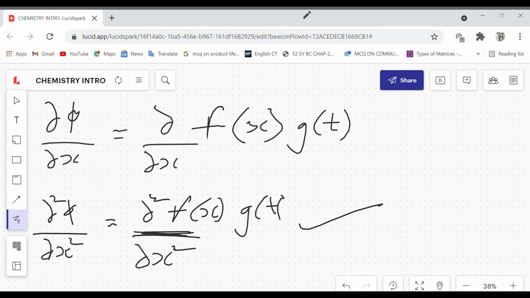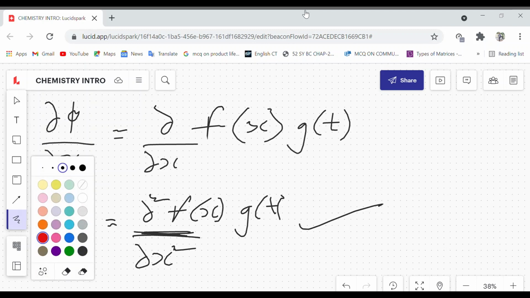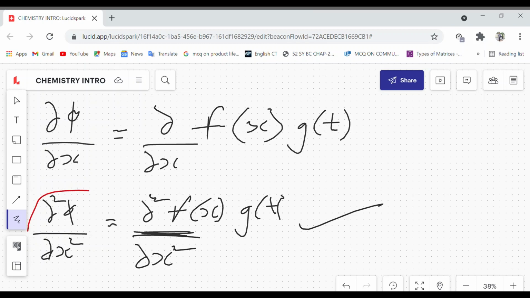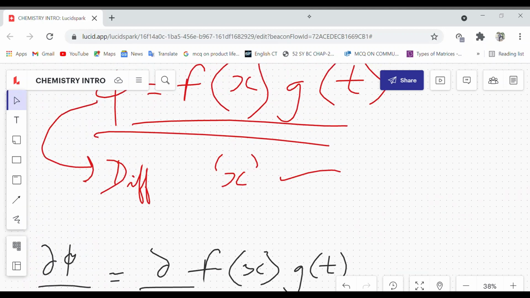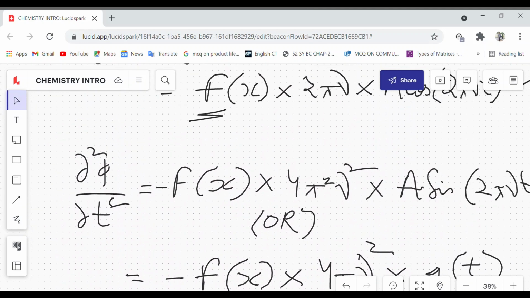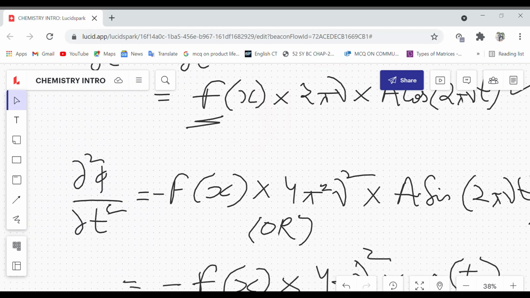Now big thing. Now we have dou square phi by dou x square, and in the above step we also have dou square phi by dou t square.